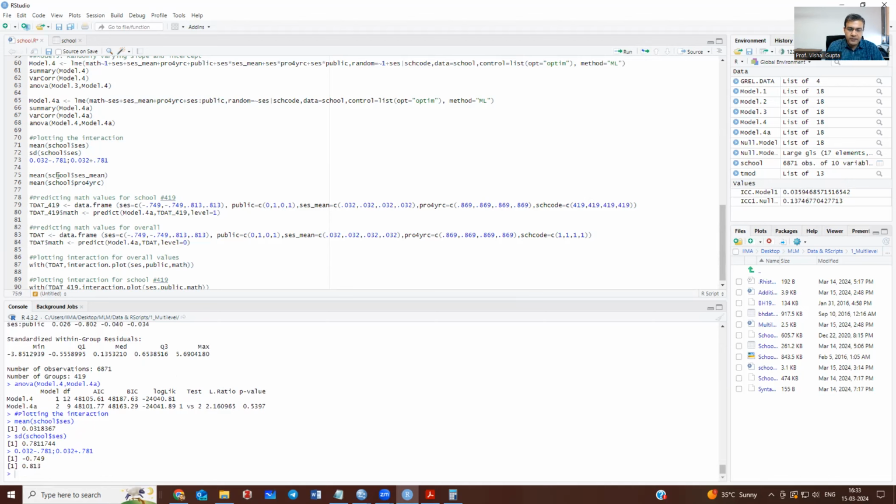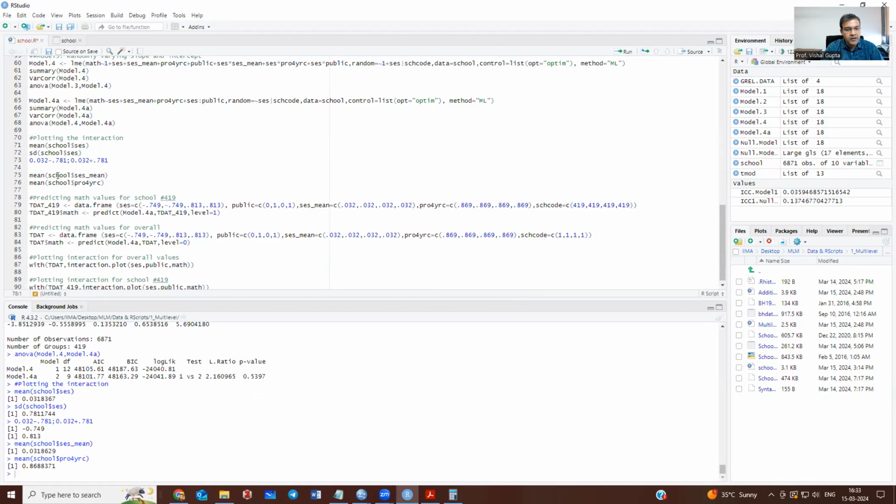And for the others, SES mean and Pro Fourier, I report their mean value. So the mean is 0.032 and for Pro Fourier, the value is 0.8688. So I create a new data frame. I say temporary data and I call it 419, because I will use this for plotting for a specific school.